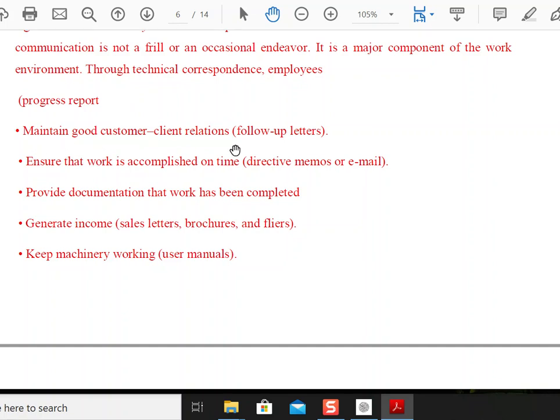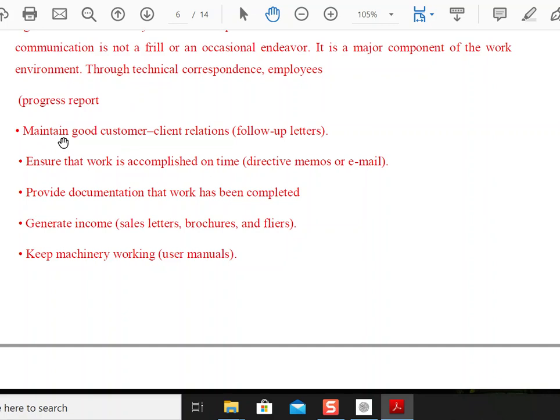The objective is that a company, or a private proprietor, if able to communicate properly and technically, will definitely win the customer.